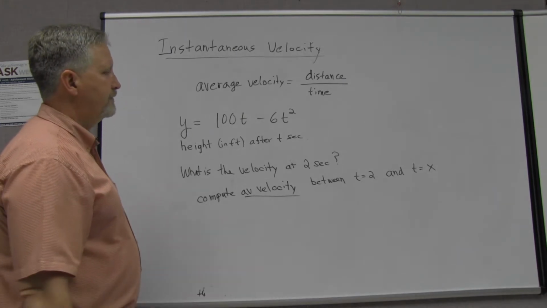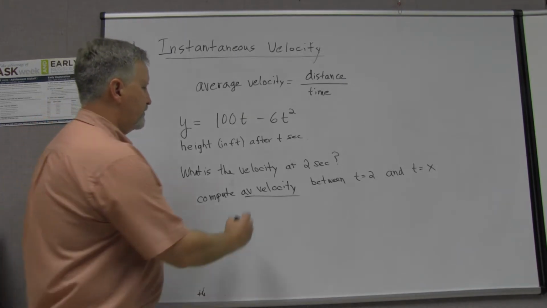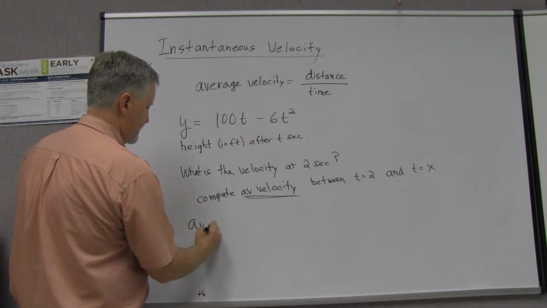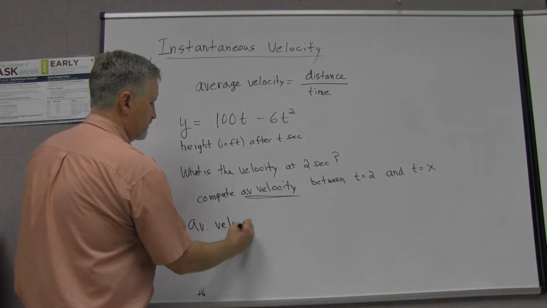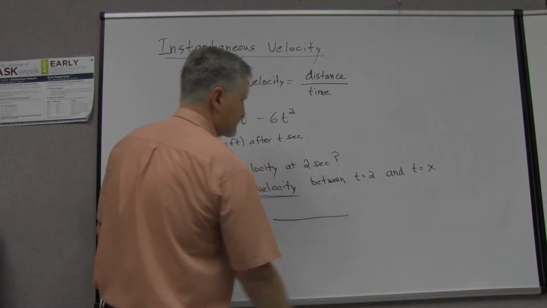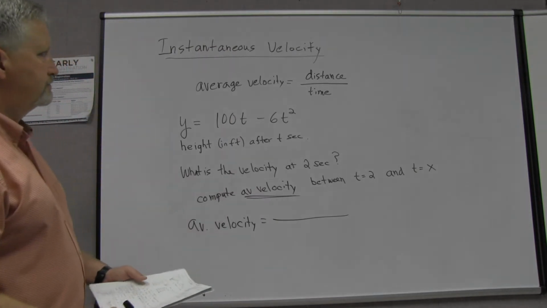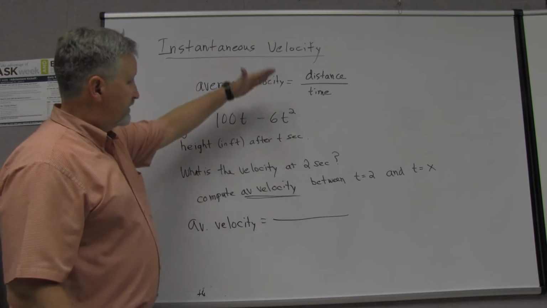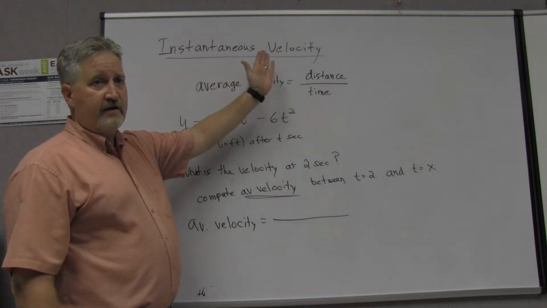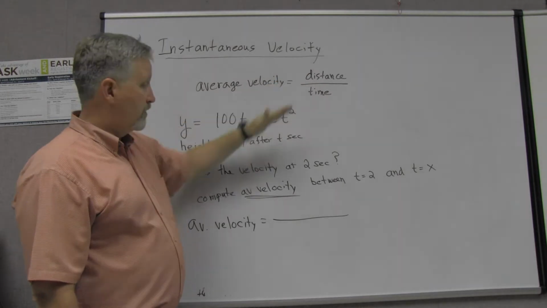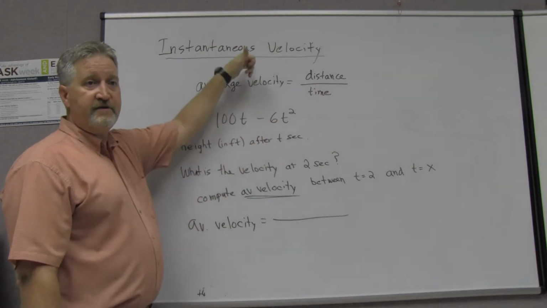All right. Well, what would be then this average velocity between 2 and x? Again, it's distance divided by time, like a rate. What would be the distance that I traveled? Well, I'm going from this height up to this height.